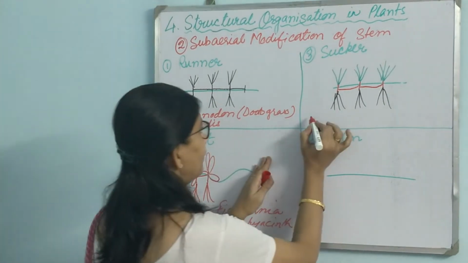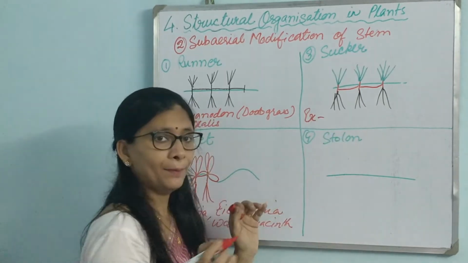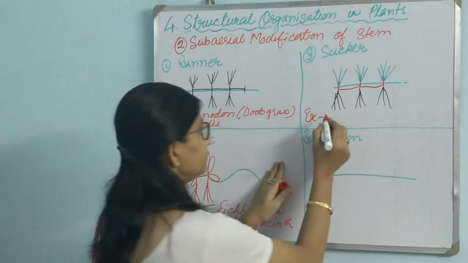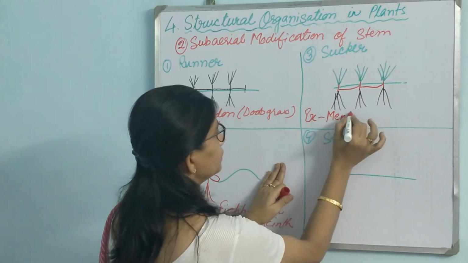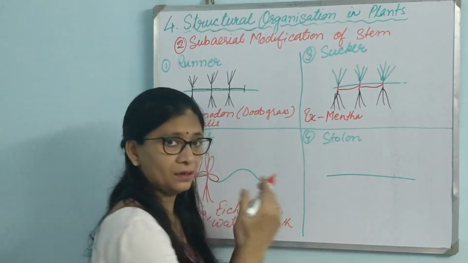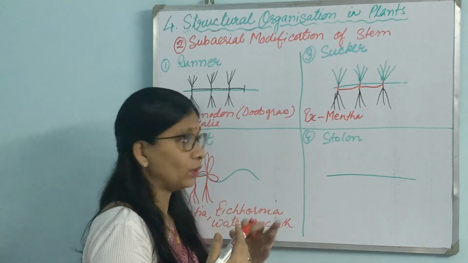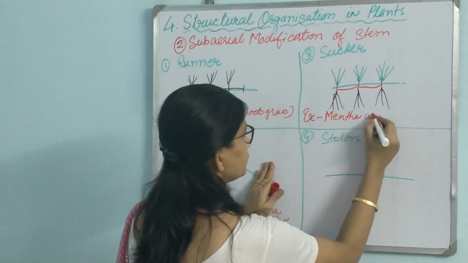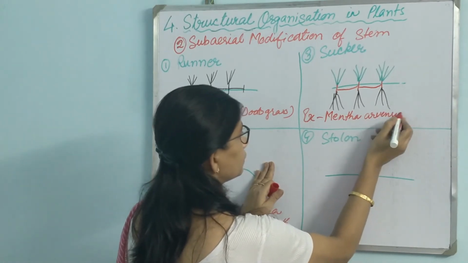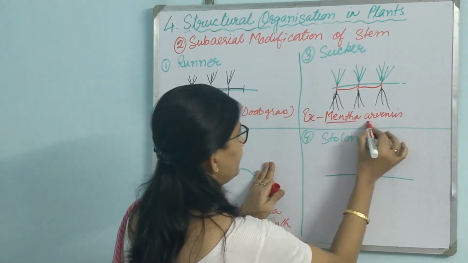Now here the example is mentha. But mentha, again there are two types. One will be sucker, one will be stolon. So here this is arvensis, the common mint that we get.